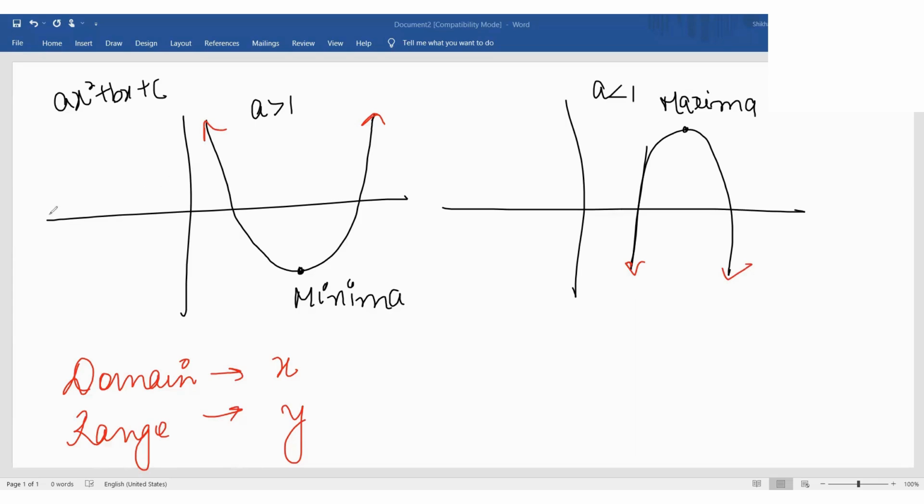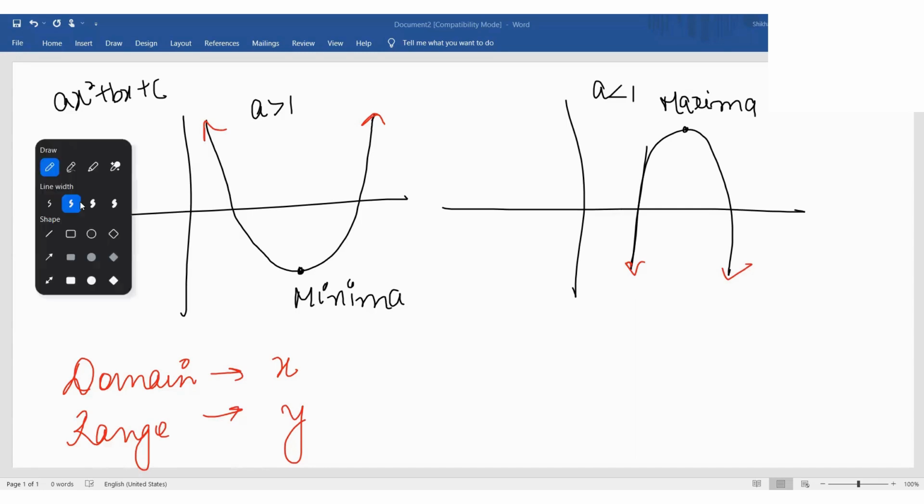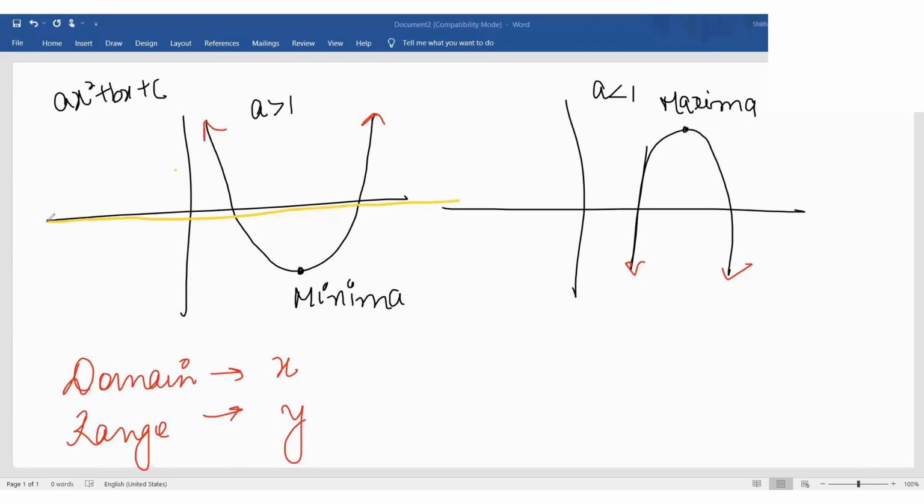Whenever you have to see the domain, you just concentrate on your x values, where my graph is going on x values. So you can see if I keep on extending it, it keeps on increasing, right? It is never going to stop. Arrow means never going to stop.